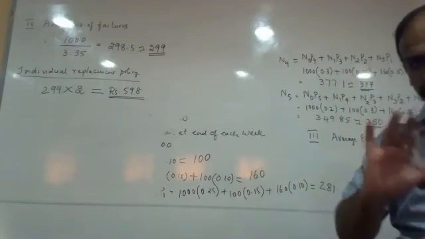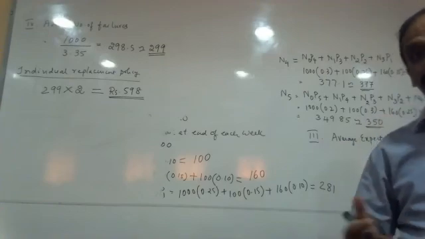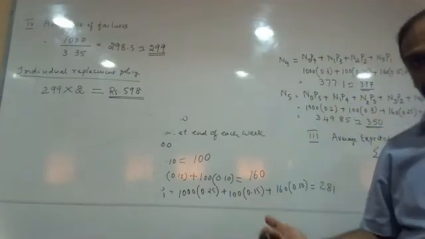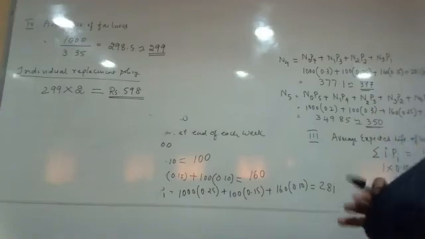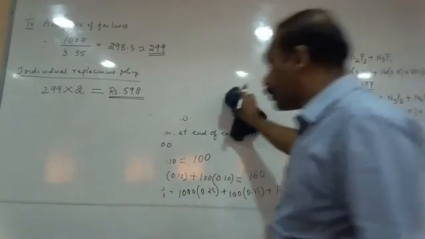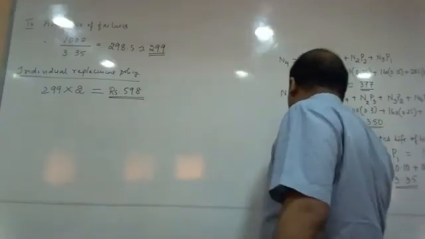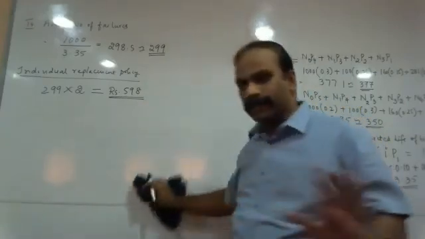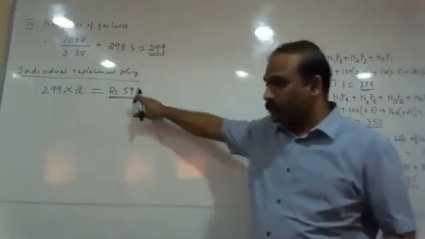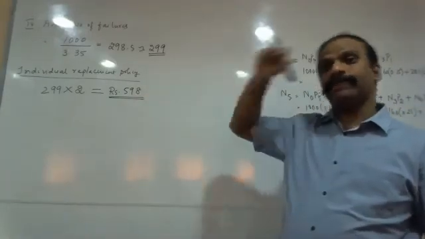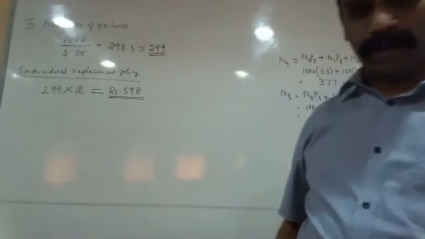This is not the end of the problem. Now I have to think about the second possibility. What is the second possibility? It is called the group replacement policy. If I adopt group replacement policy, again that will also have some cost. Then I have to compare this cost with that and finally take a call on which is the best policy.